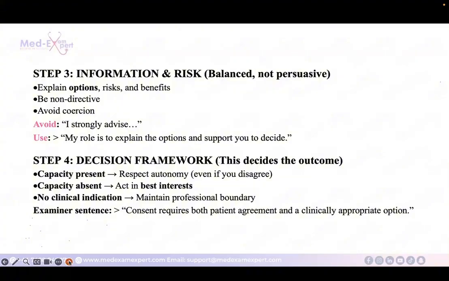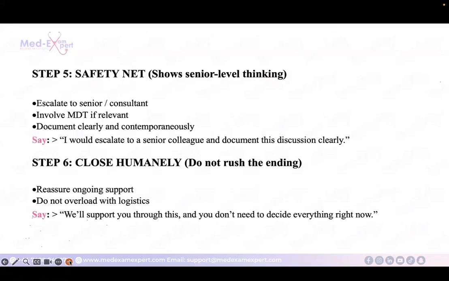And the examiner sentence: consent requires both patient agreement and a clinically appropriate option, okay? And also the safety net over here is that you involve the senior colleague, escalate to your consultant, involve MDT if relevant, document clearly and contemporaneously, okay?